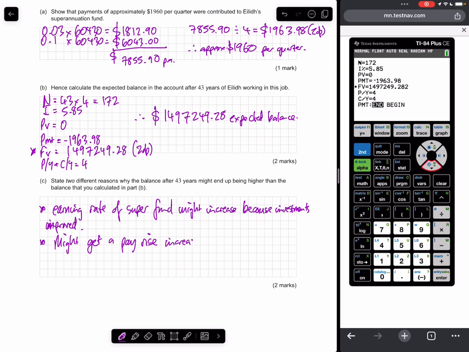Increasing contributions. Might choose to pay more. Might choose to contribute a higher percentage.